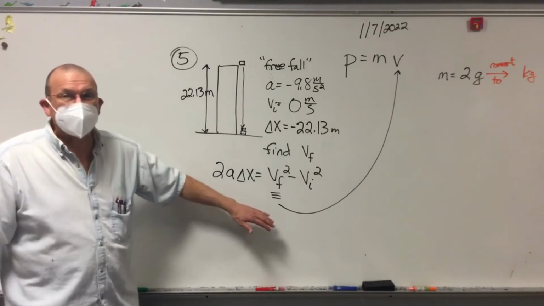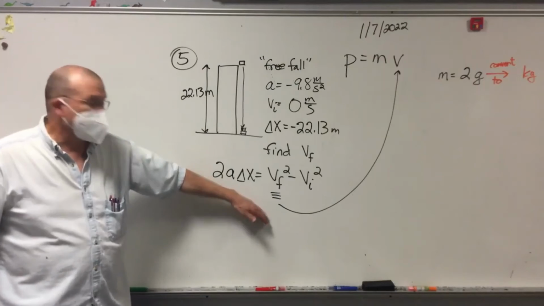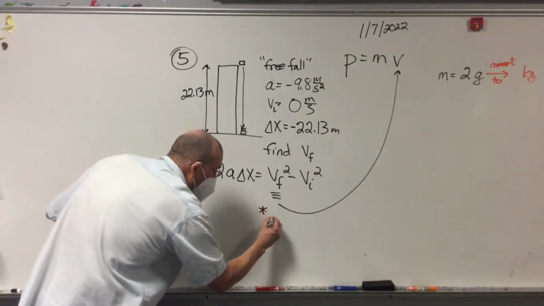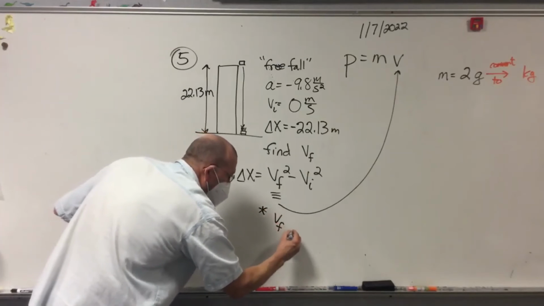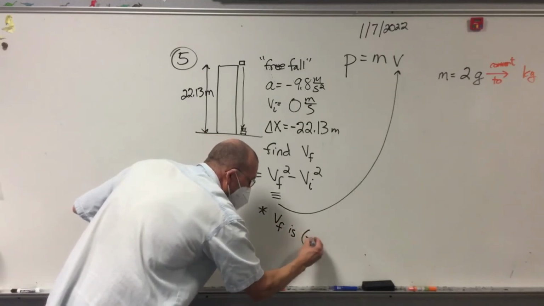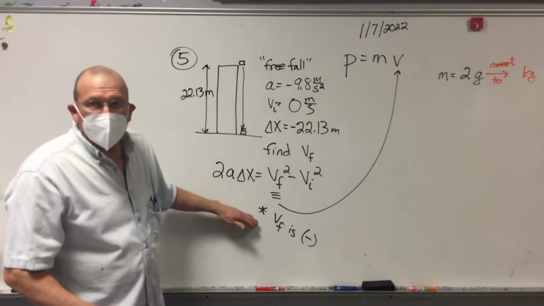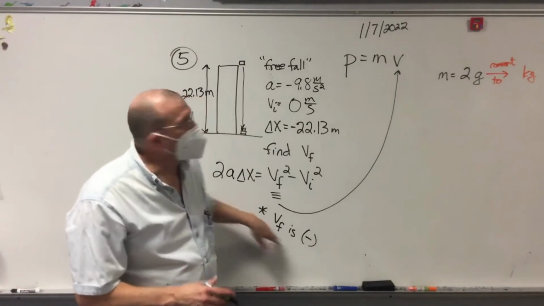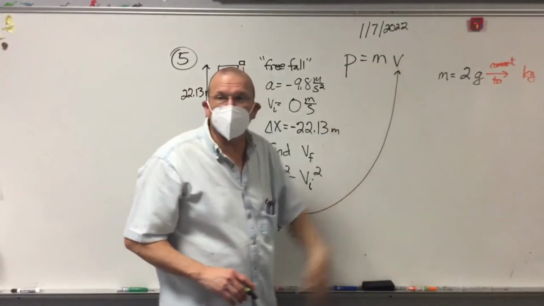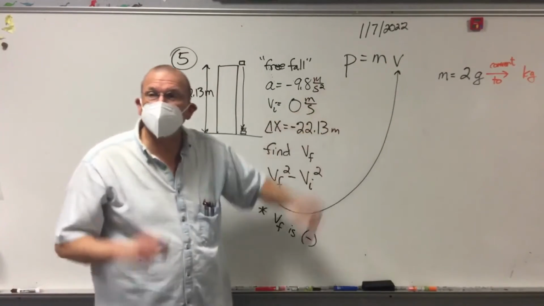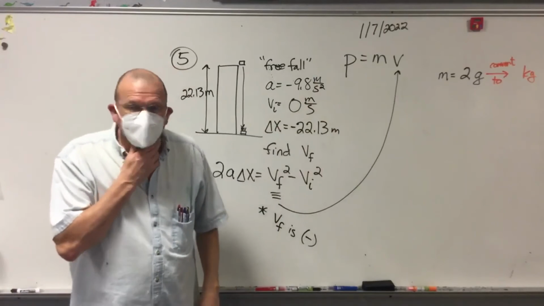But that doesn't mean technically you always use the positive value. So I'm going to make a little note here. VF is negative. So when you do the square root and you get your value and you bring it over to your momentum equation, remember to use the negative of that value.